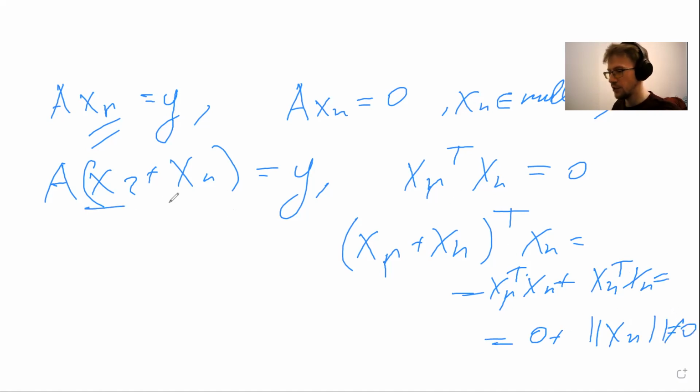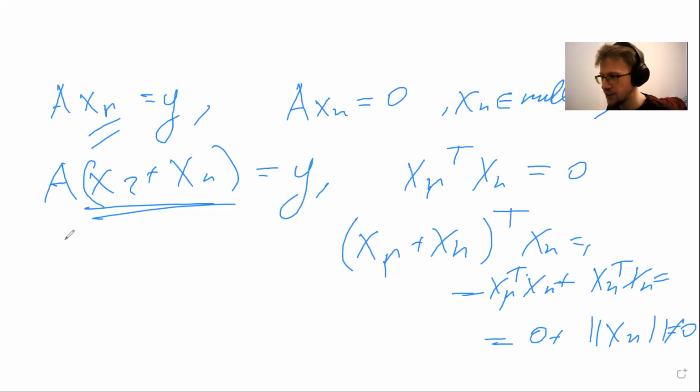So indeed, this element is not in the row space of the matrix A, because this doesn't hold. A row space is orthogonal to the null space, so every element of the row space has to be orthogonal to every element of the null space. And here they're not. So that is a problem.